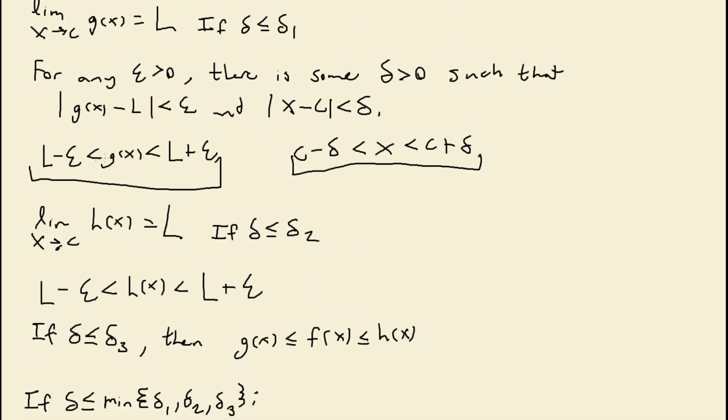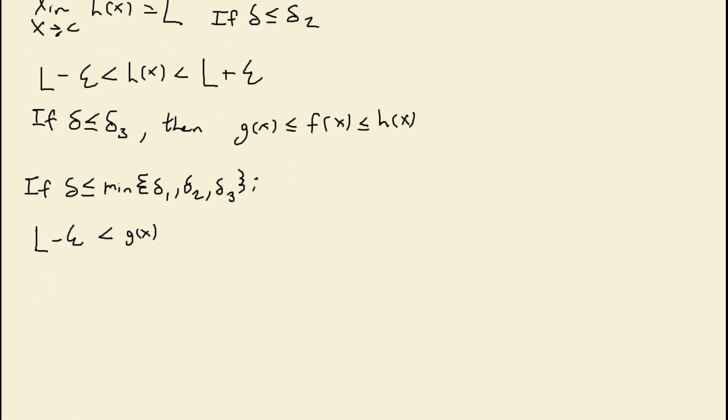That's coming from this part right here. g of x, of course, is going to be less than or equal to f of x, which is going to be less than or equal to h of x, which is going to be less than L plus epsilon, which is coming from this part right here.